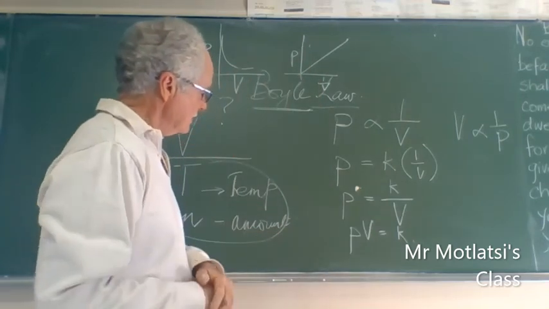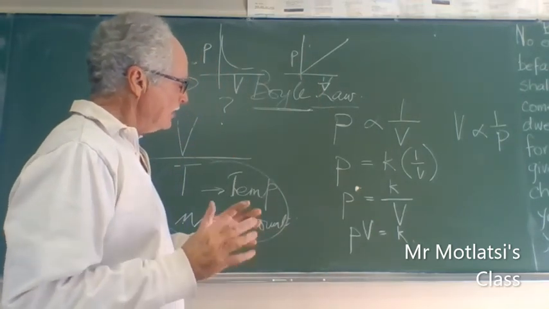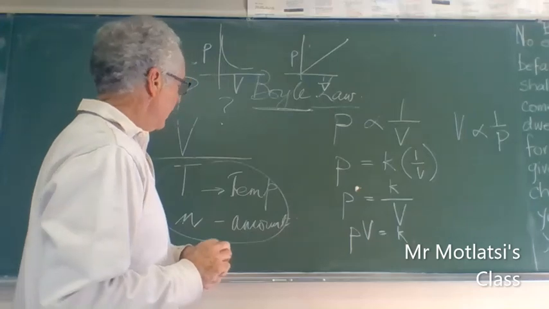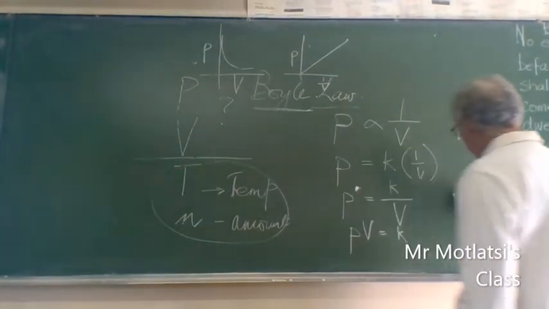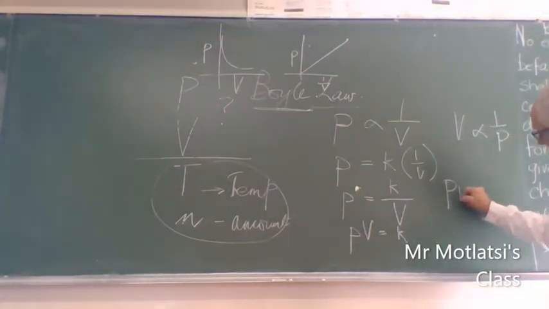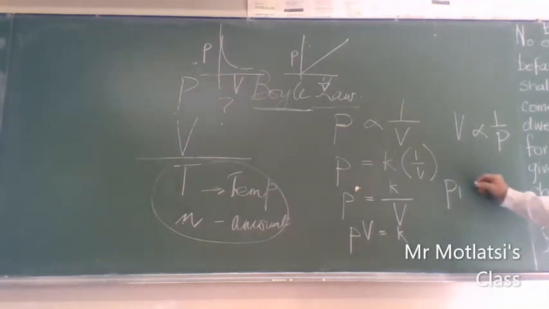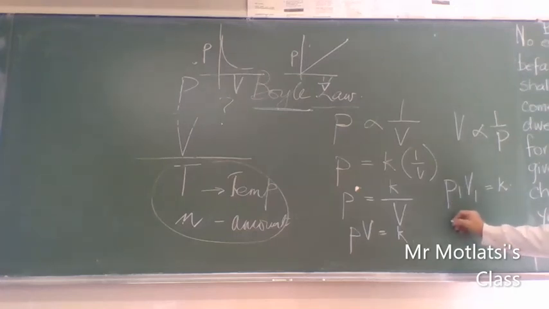So what this means is that if you have an enclosed gas at a certain pressure P1, it will be at a specific volume V1. But the value of P times V will be constant. That means that if I increase the pressure to P2, there will be a new volume, V2.